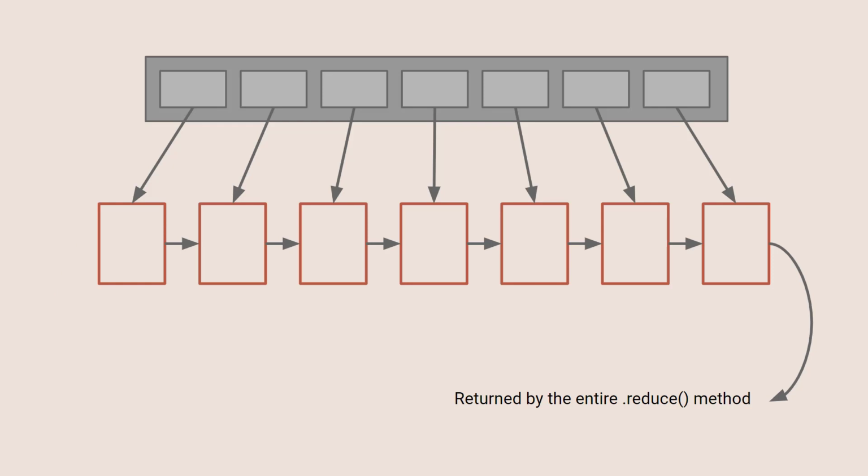The default option is for reduce to not call the callback function with the first item in the array and instead pass that in as the last return parameter to the call with the second array item. The other option is to give reduce an initial value. This way it will call the callback function with that first item, and last return will be filled with whatever we give as an initial value.